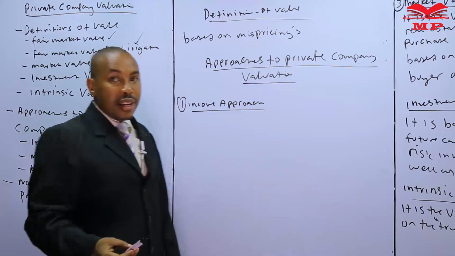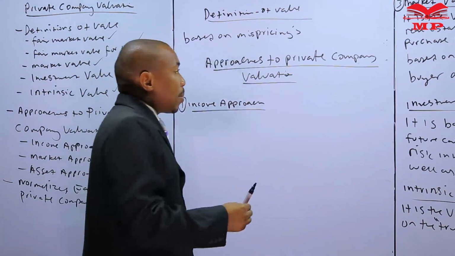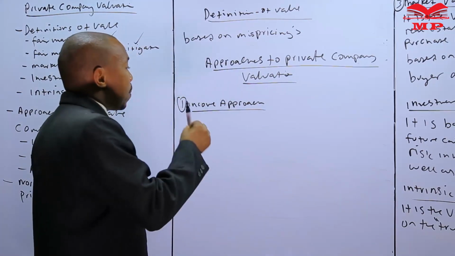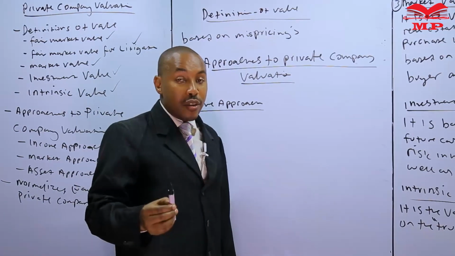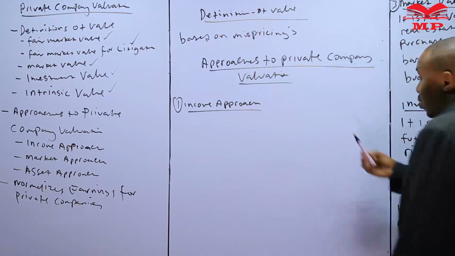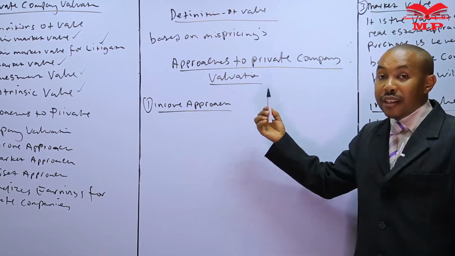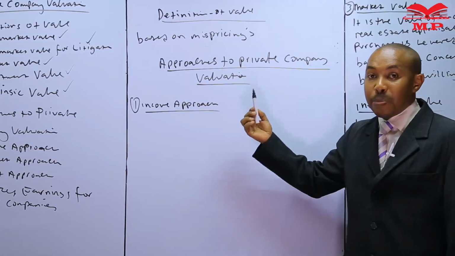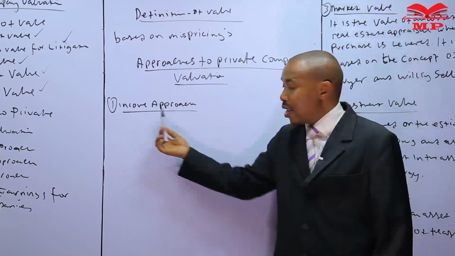Under the income approach, what we need to understand is that it is just the present value of the expected future income of the asset. So I'm saying that based on the income approach, I'm trying to determine the value of the private company. It is the present value of expected future income that is going to come in, hence the word income approach.